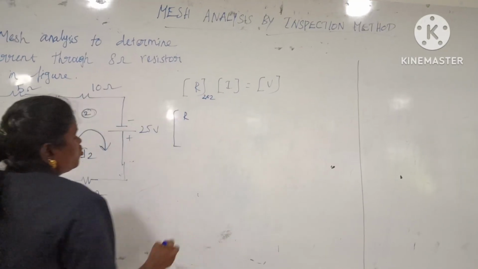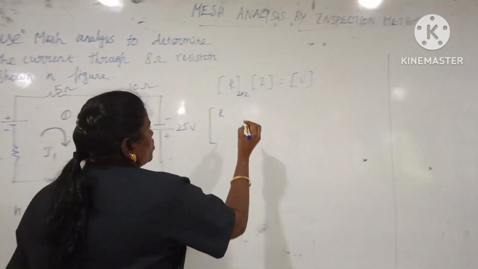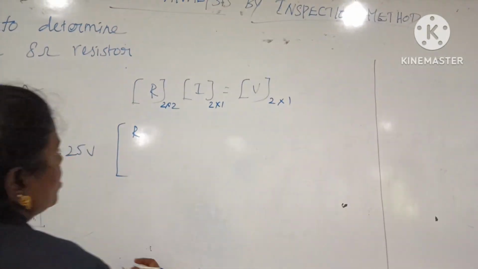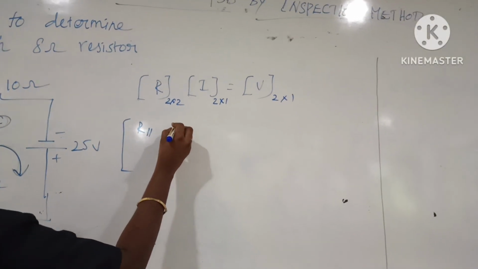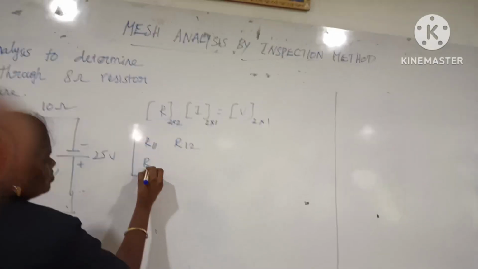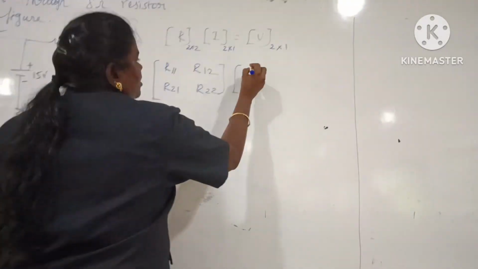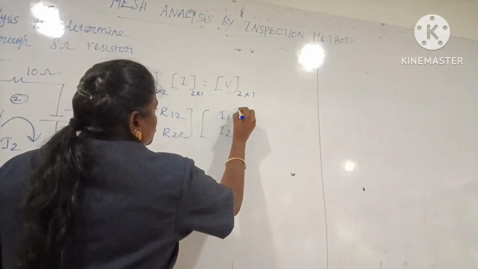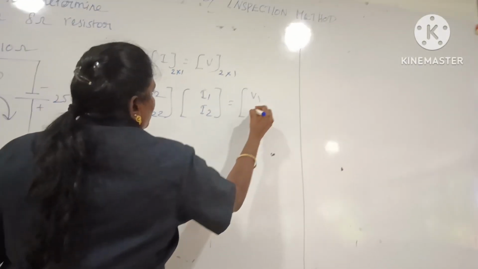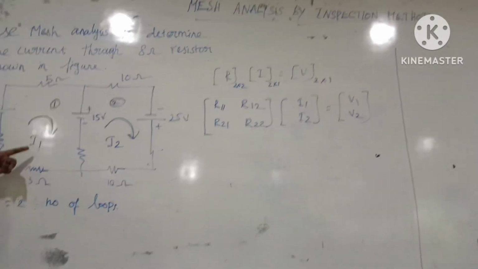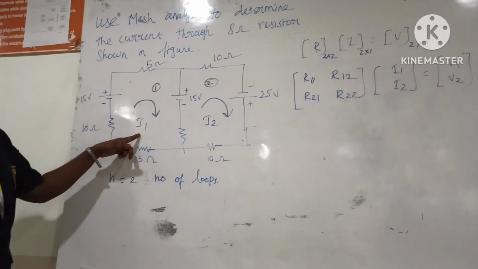The matrix equation is 2 cross 2 because there are 2 loops, the current matrix is 2 cross 1, and the voltage matrix is 2 cross 1. So the resistance values are R11, R12, R21, R22. Current matrix I1, I2. Voltage V1 and V2. Always assume the current direction is clockwise.